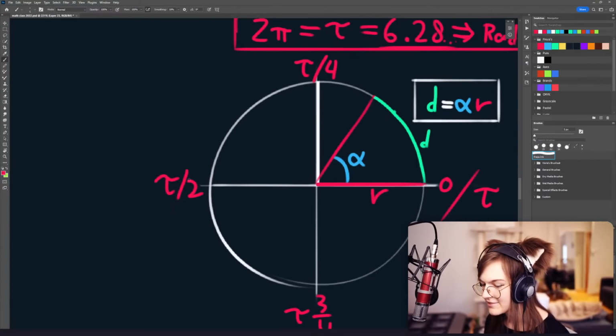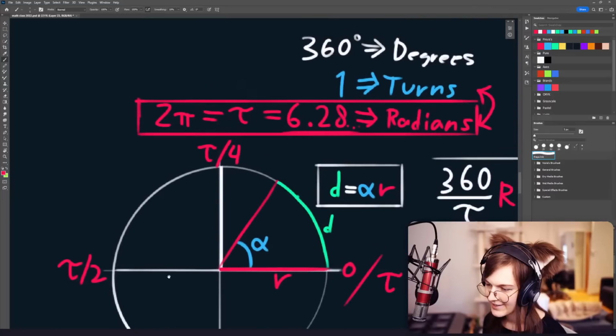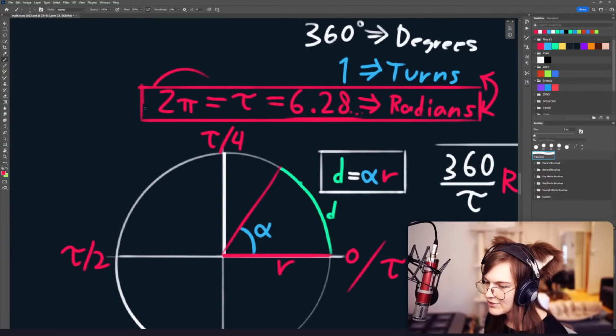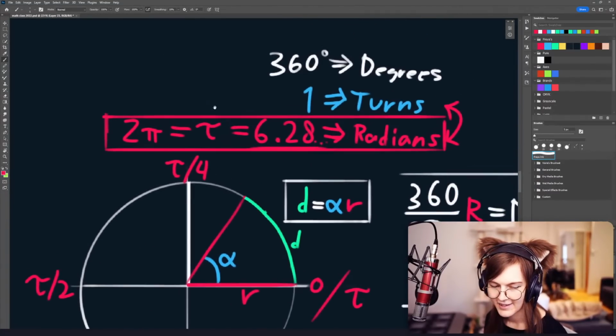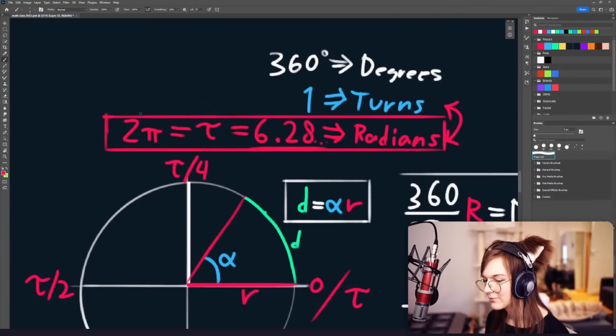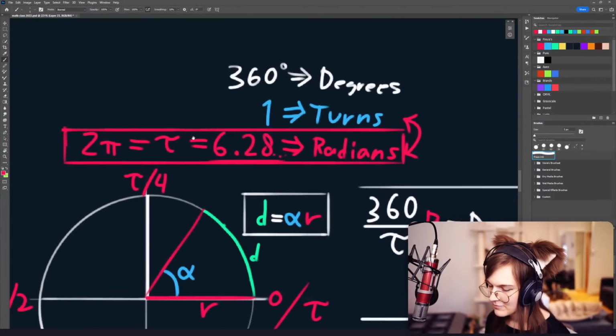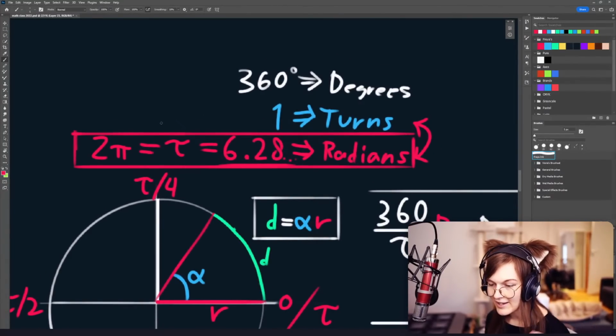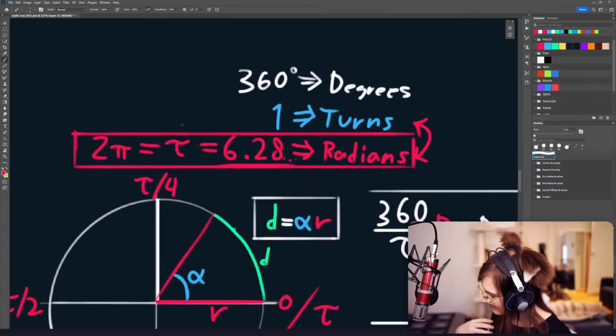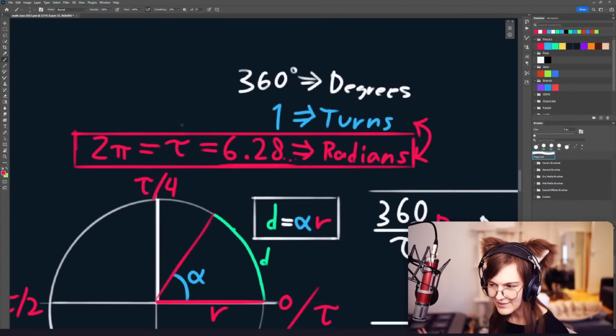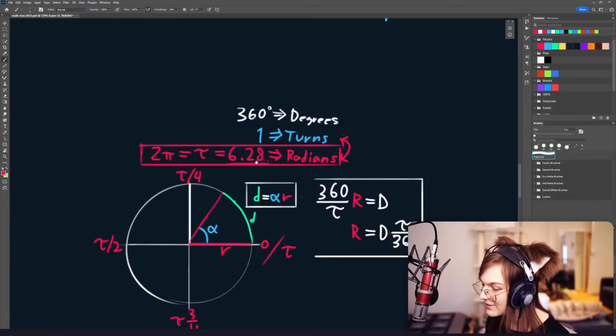But tau over 2 definitely looks like half a turn. So 2 pi makes it very confusing, but this is what you're going to see in the real world a lot. Personally, for all of my projects, I've been using tau for 4 or 5 years, and it's been wonderful. So I recommend using tau.